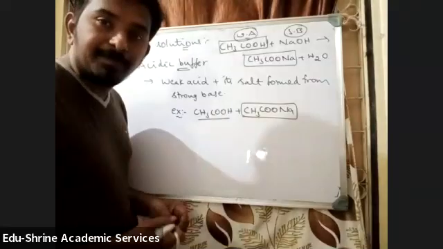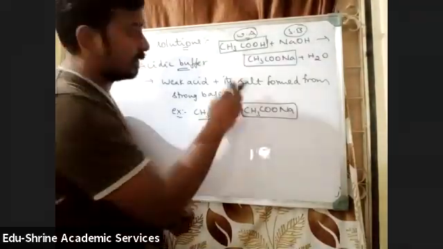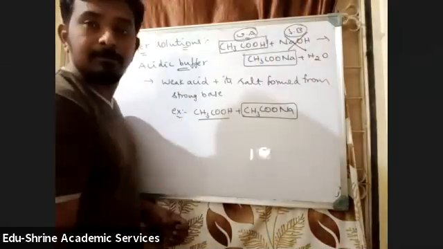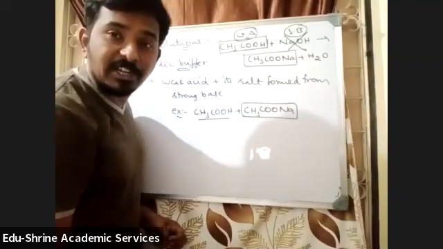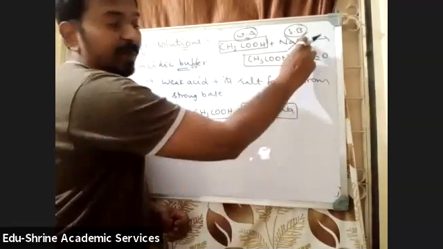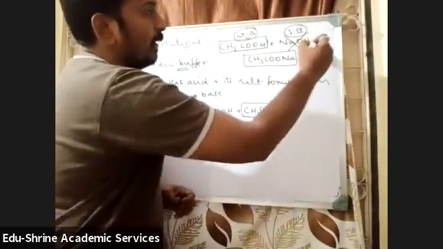For buffer, what must be present in the solution? Weak acid plus this, both must be present. This must not be present. That means which must be the limiting reagent here? NaOH must definitely be the limiting reagent, no?